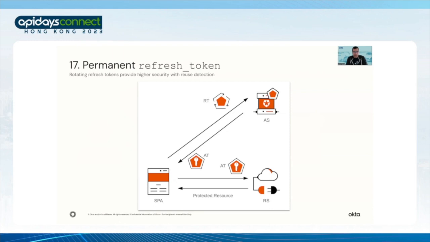Anyone who has it can use it to exchange and get a new access token and ID token. With rotating refresh tokens, the authorization server has a chance to detect reuse by looking at the history of which refresh tokens have been used. If they detect a reuse of a past refresh token, that is a sign of a leaked token, and they can basically revoke the full chain of refresh tokens with this pattern.